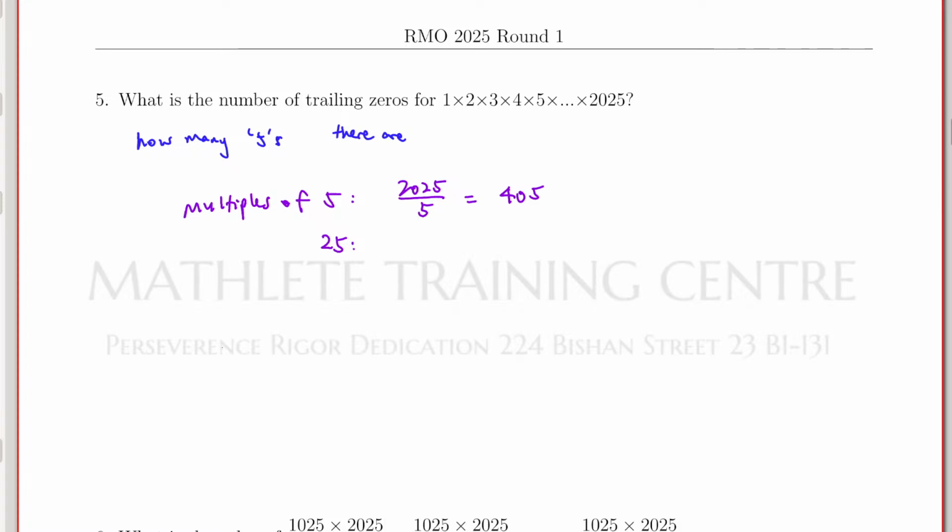For this, we can just take 405 divided by 5, that's equals to 81. In the same way, multiples of 125, I can take this 81 and then divide by 5. But here I will have to actually round it down because 81 is not a perfect multiple of 5. So if you round it down, I can give you a value of 16.